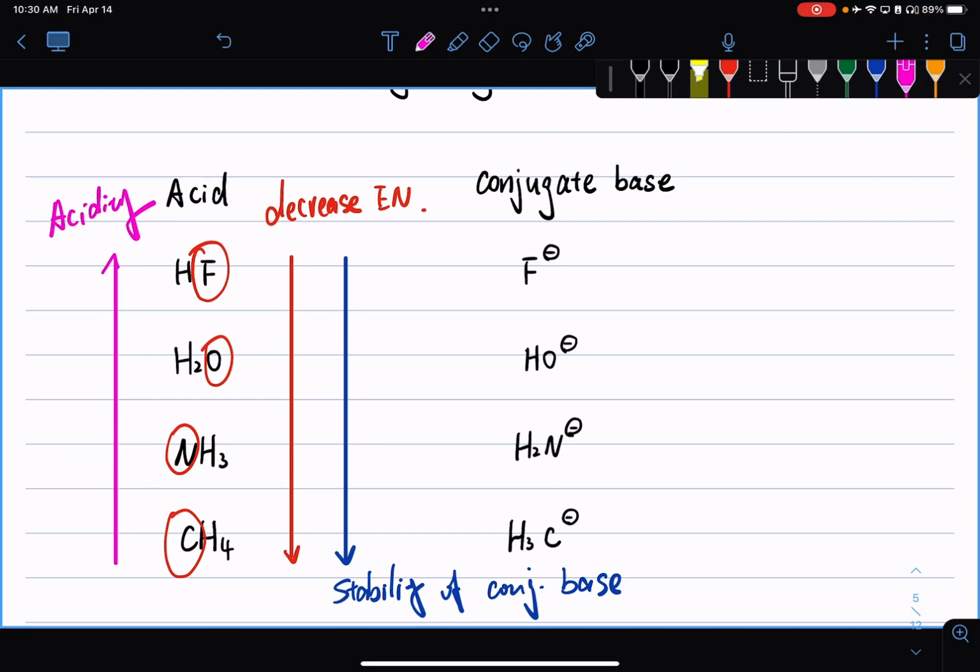So in this trend, HF is our most acidic acid, and CH4 is our least acidic acid. And the reason behind it is depending on the anionic species we're talking about. So the anion on fluorine is more stable compared to the anion on oxygen, on nitrogen, and on carbon.